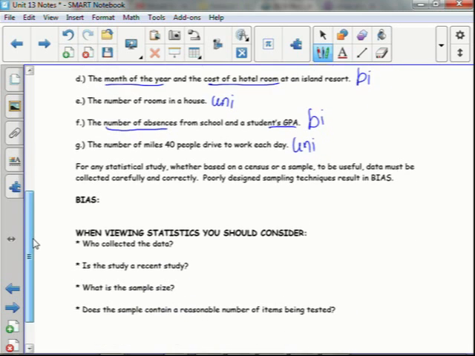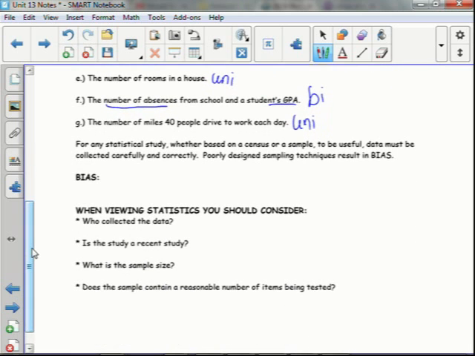Okay. Now, when we're looking at stats, one of the things that comes to be really important is the presence of bias. And we need to understand this sentence right here, that poorly designed sampling techniques result in bias. So we're presented with data all the time.